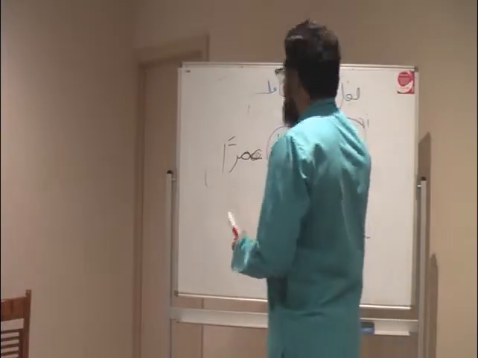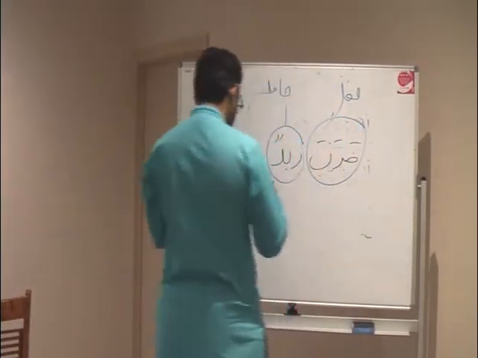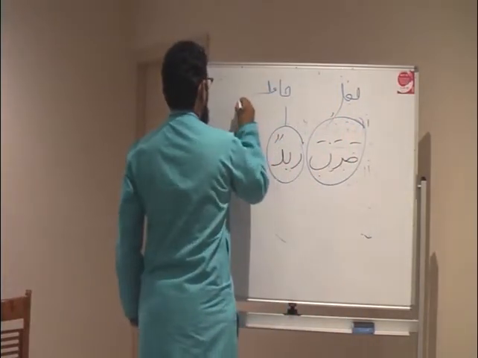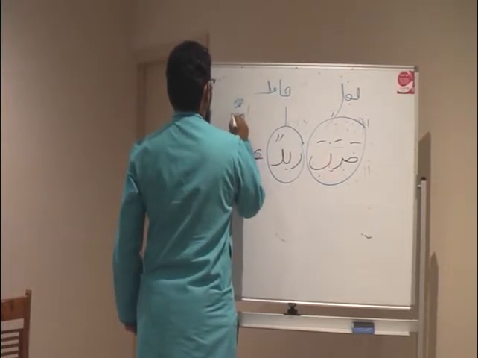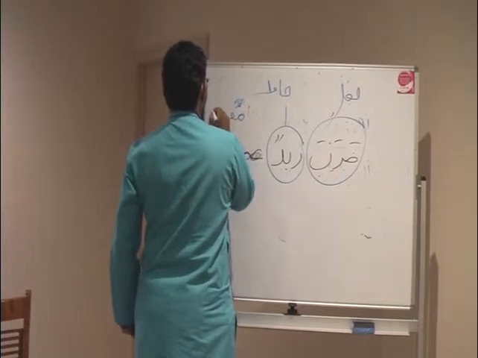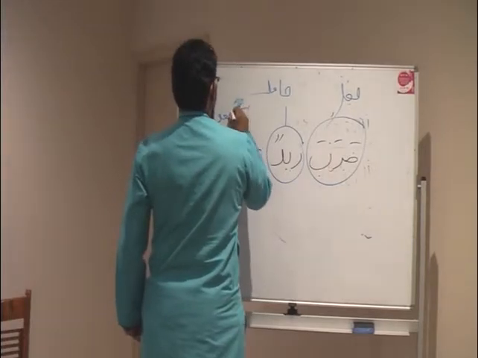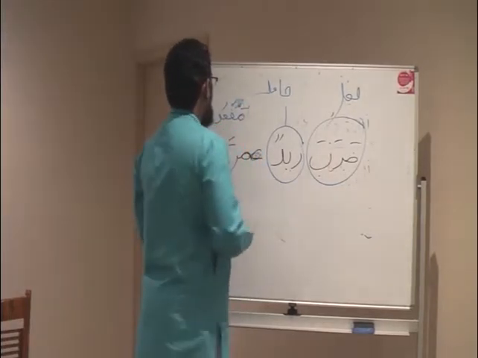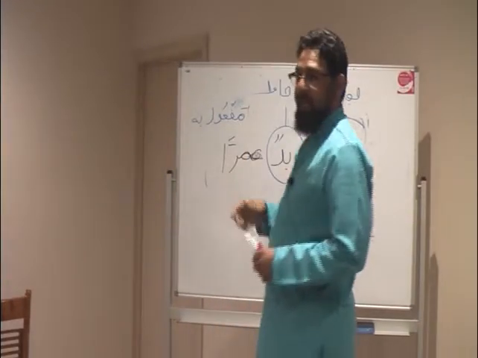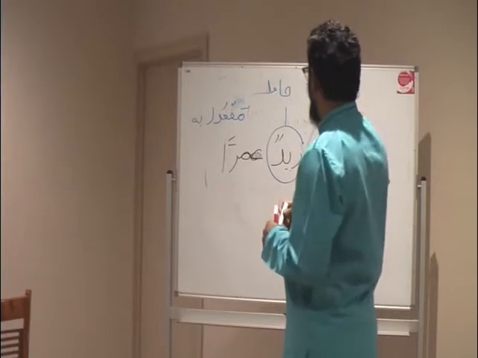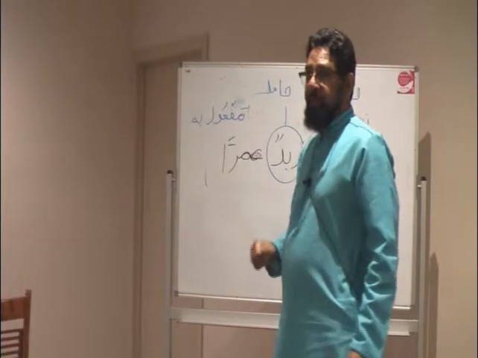So the minimum is a fi'l and a fa'il, and if it's a transitive verb, it will have a maf'ul bihi, the actual object.